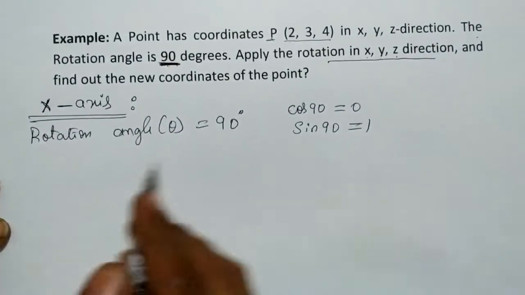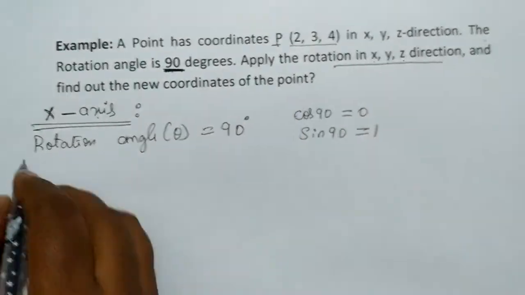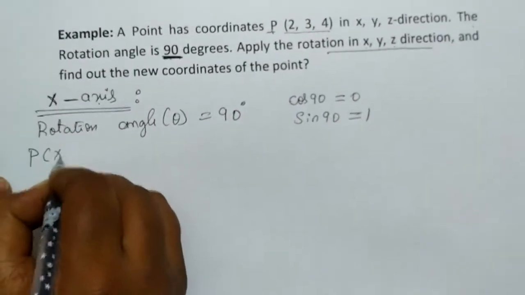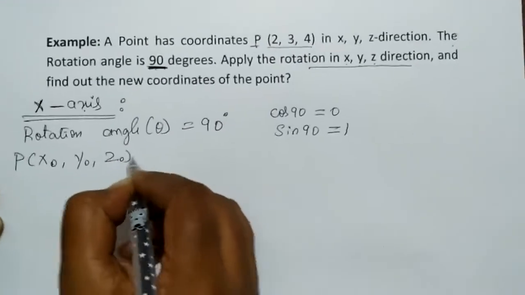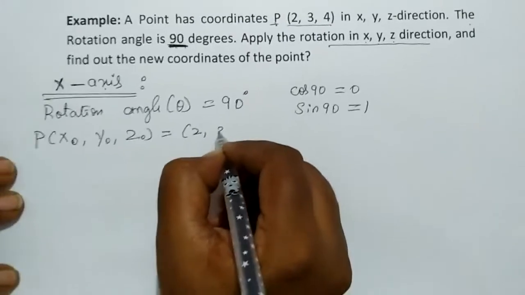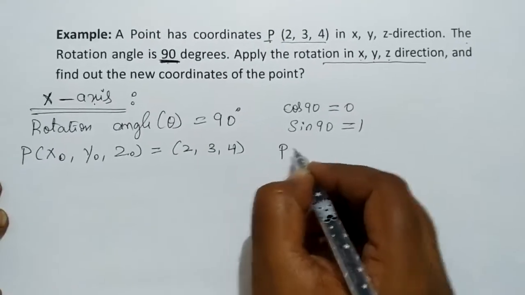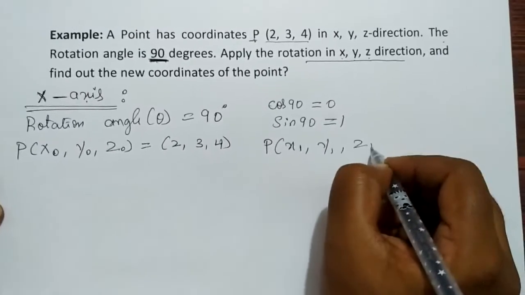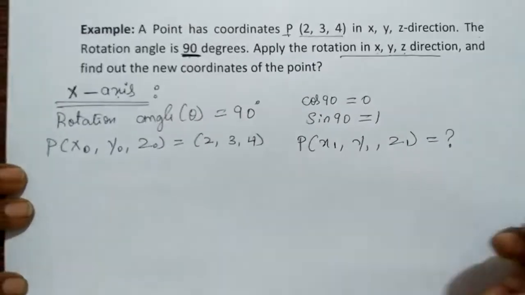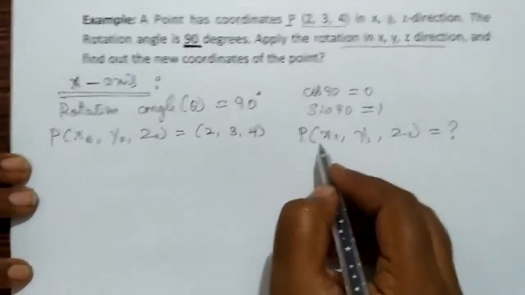Now, along the x-axis, the initial coordinates of point P, x0, y0 and z0, are given as 2, 3, 4. Now we need to find the new coordinates of P, that is x1, y1 and z1. How do we find x1, y1 and z1 of point P after rotation?